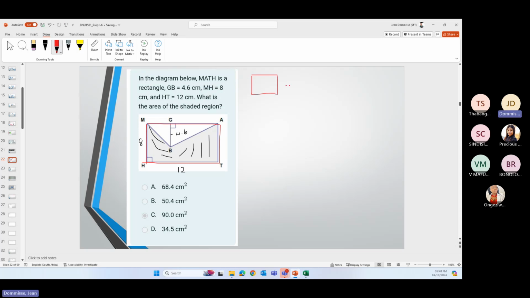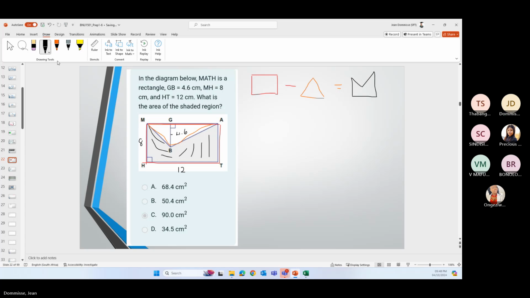And then the other thing that I will subtract is a triangle, because that we know what that is and how to work that out. So if I do that, I will get the area that I am looking for, which is that colored in region.